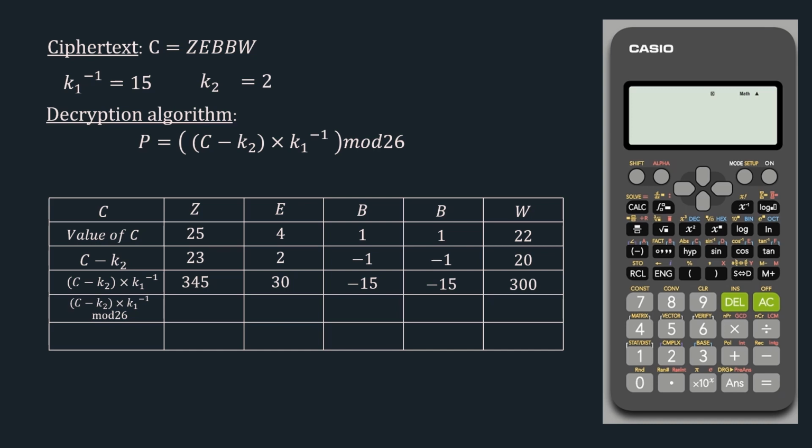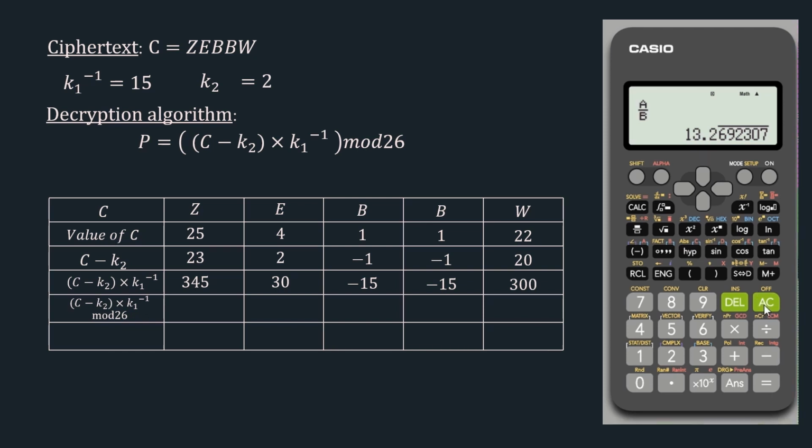So let's calculate 345 mod 26. The first formula we use is A divided by B. The value of A is 345 and the value of B is 26. We use the S2D button to get the value of X, which is 13.